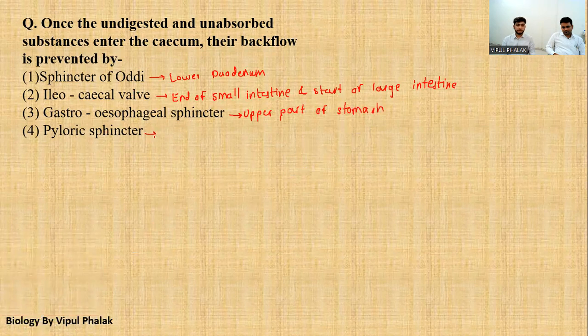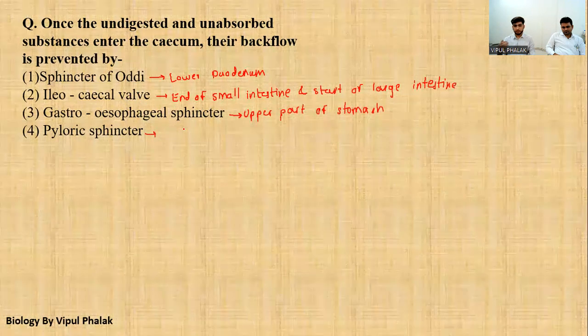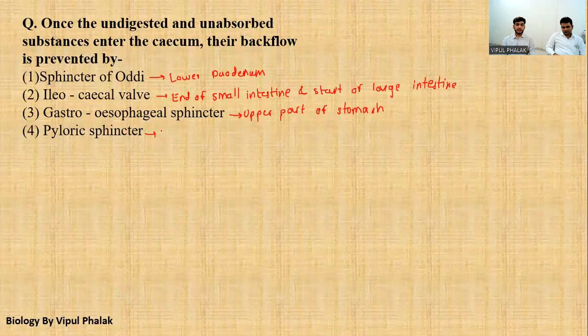And pyloric sphincter is present just after the end of the stomach. The last part of the stomach is pylorus, therefore this sphincter is known as pyloric sphincter.